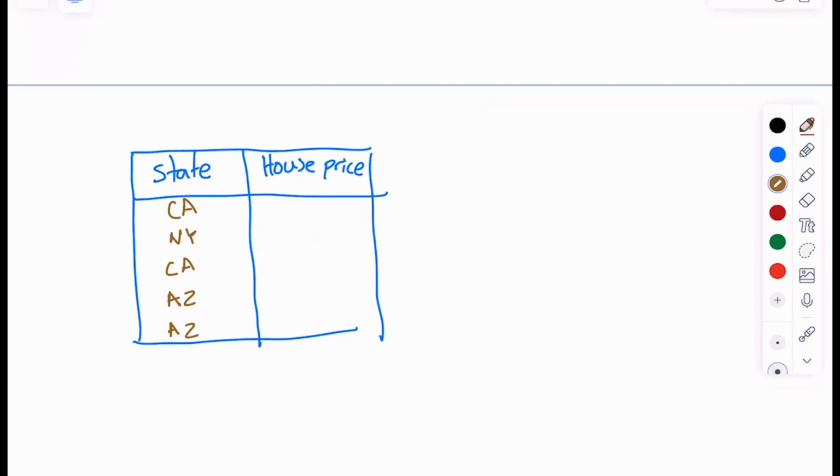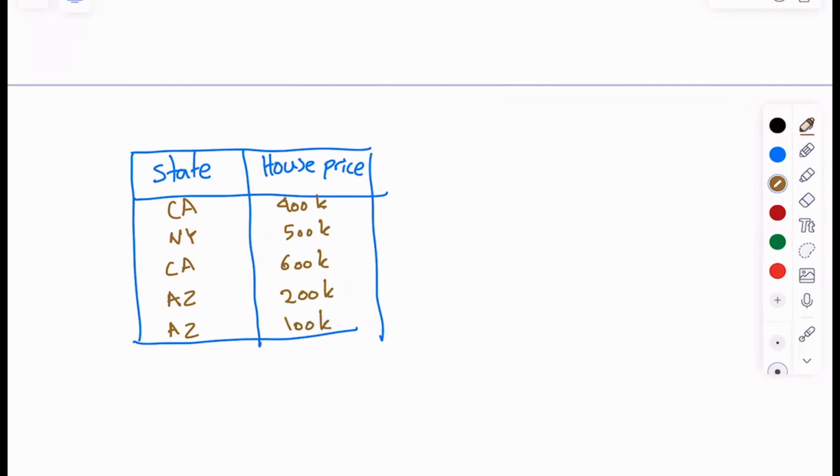So these are different states, and for the house price here we have 400K, here let's say 500K, here 600K. Arizona is on the cheaper side, 200K, and then we have 100K.